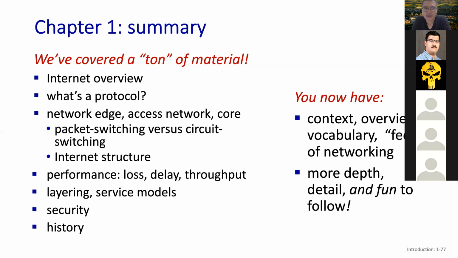And we know the network edge, access network, the network core, packet switching versus circuit switching, and the internet structure, which is a network of networks, right? And we know the performance of the network, loss, delay, throughput.